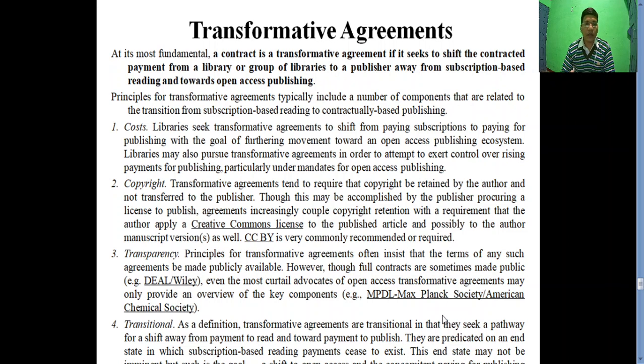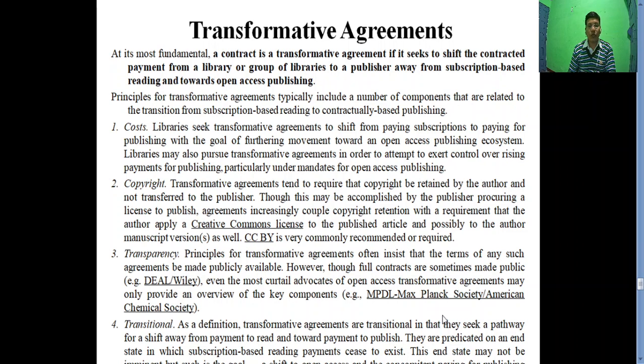Principles for transformative agreements typically include a number of components that are related to the transition from subscription-based reading to contractually based publishing. Number 1. Cost. Libraries seek transformative agreements to shift from paying subscriptions to paying for publishing with a goal of furthering movement towards an open access publishing ecosystem.